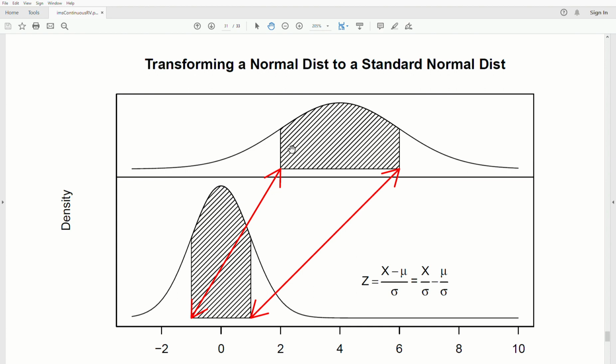So the top represents the original normal distribution with a mean of 4 and a standard deviation of 2. And we want to calculate the probability of being between 2 and 6. What we do is map those down into the standard normal distribution, which has a mean of 0 and a standard deviation of 1, using this formula here.